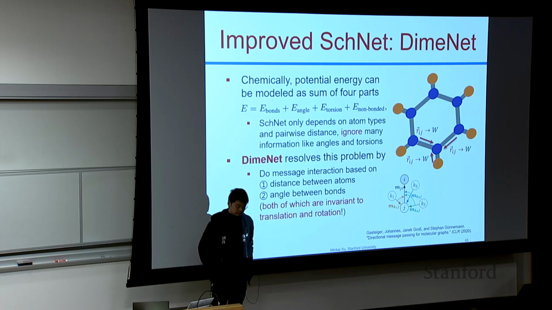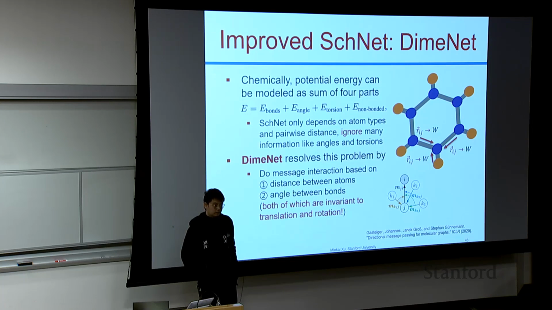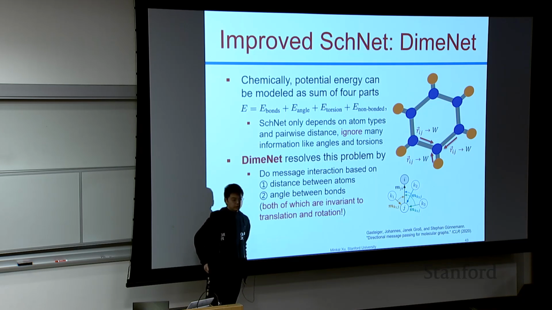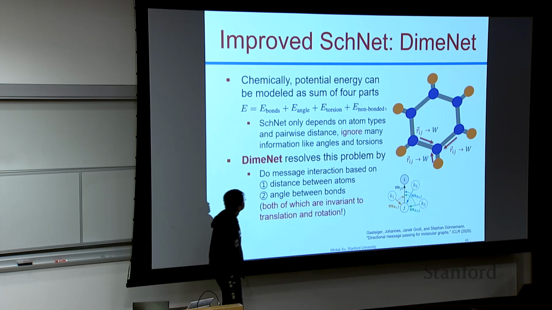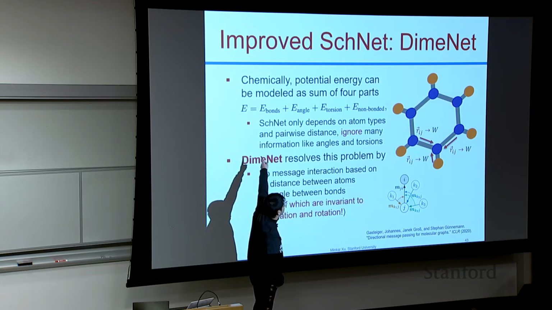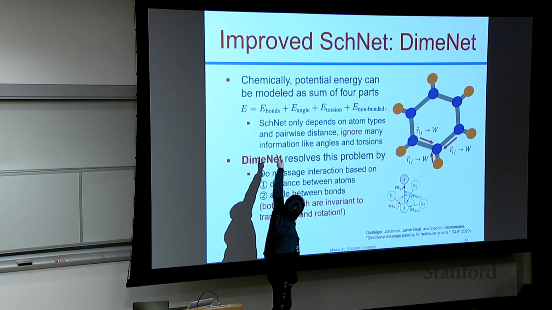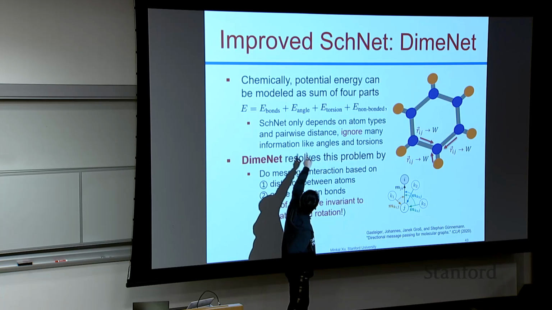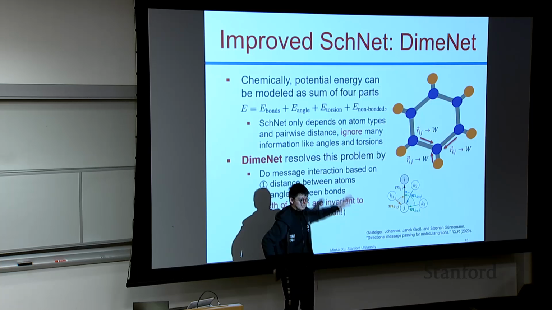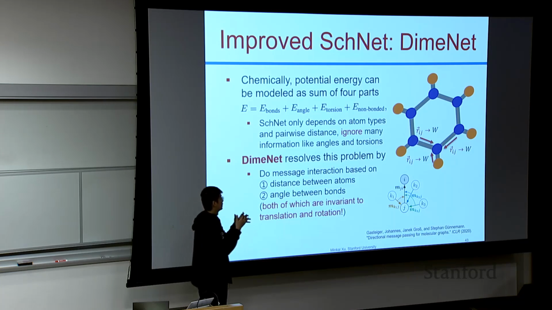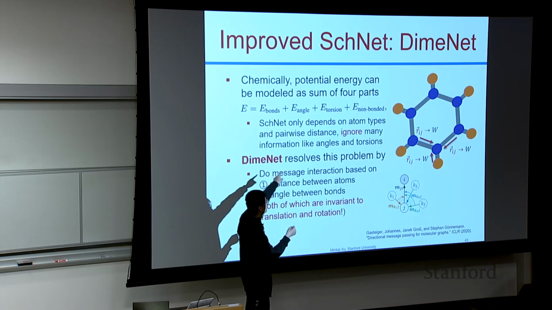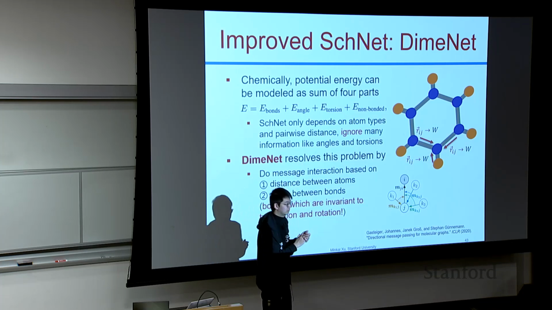Previously, the message passing only took the distance as the edge feature, but very obviously, distance is not enough for describing the energy. Chemically, energy has multiple different components: not only the pairwise distance counts, but also the angle and torsion make a difference to the energy.